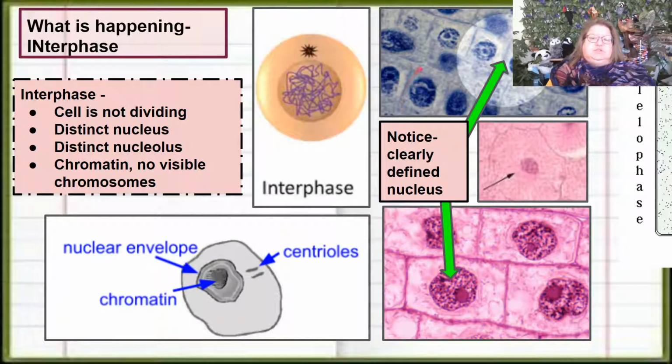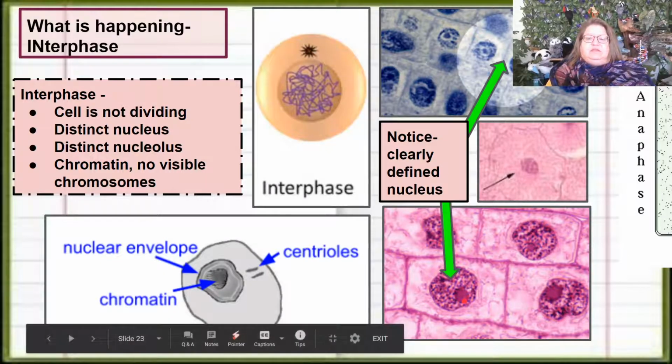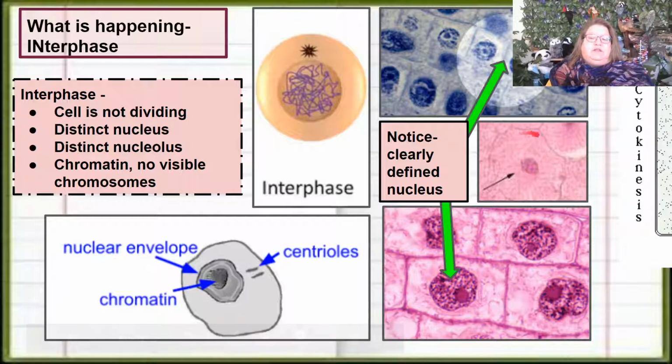So notice in our microscope slides, we see a nice, clearly defined nucleus, and we see also a darker nucleolus. And you see that with all of these microscope slides, this one's kind of hard to tell, but we see a nice, clearly defined nucleus. We also can't tell the chromosomes apart.